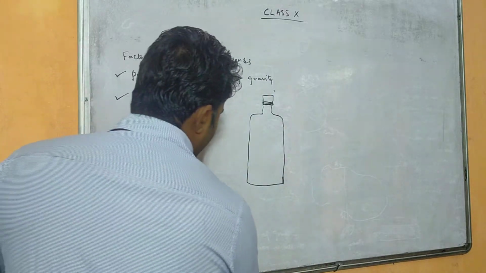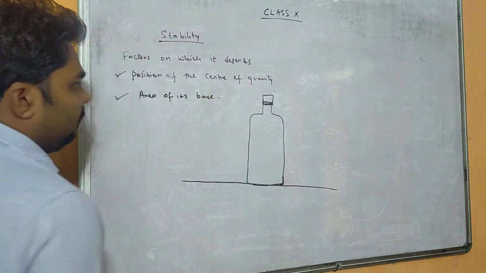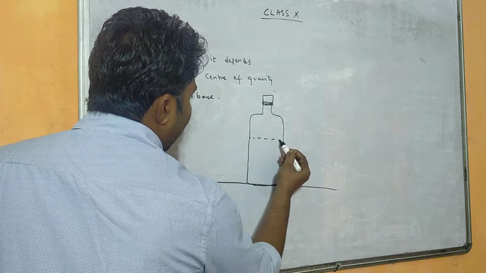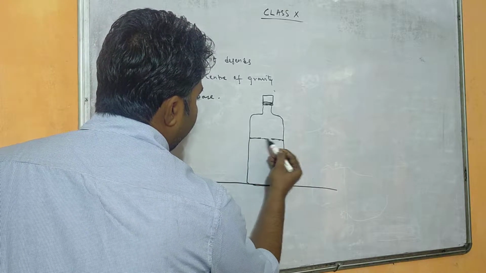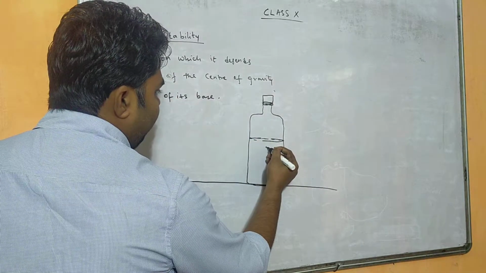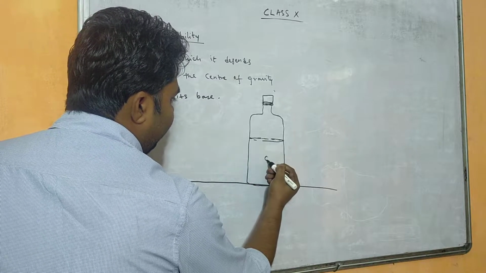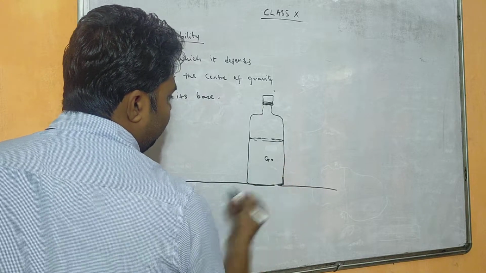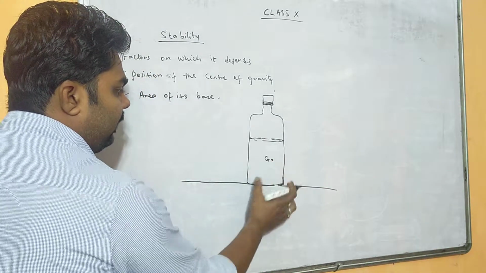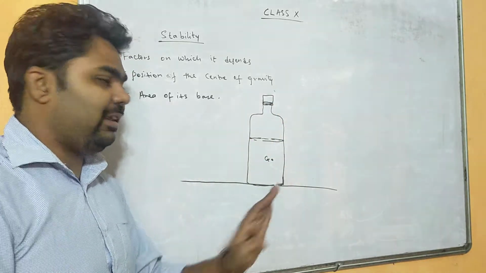Now it has been placed on a horizontal table. If it is half filled with water, the center of gravity will be shifted here, and it is near to the base and the base is also wider. So we say that this is in stable position.